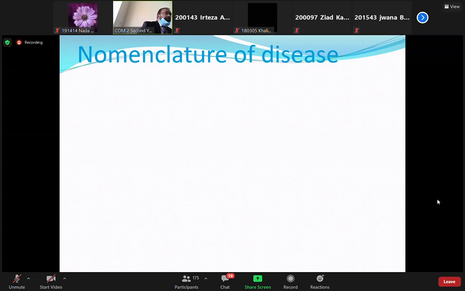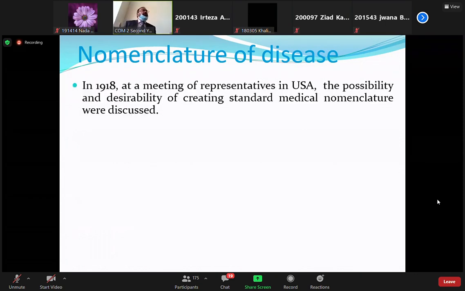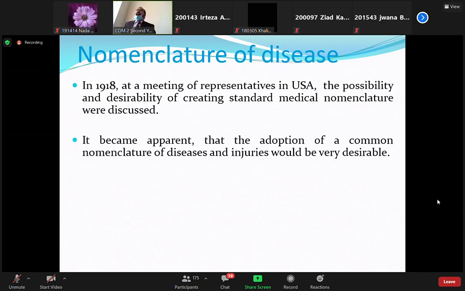Why? Because in 1918, the American and Royal Colleges sat together and made a book in which they listed the common diseases together and finally made a chart, so that if somebody has a disease caused by salmonella, it will always be called enteric fever.